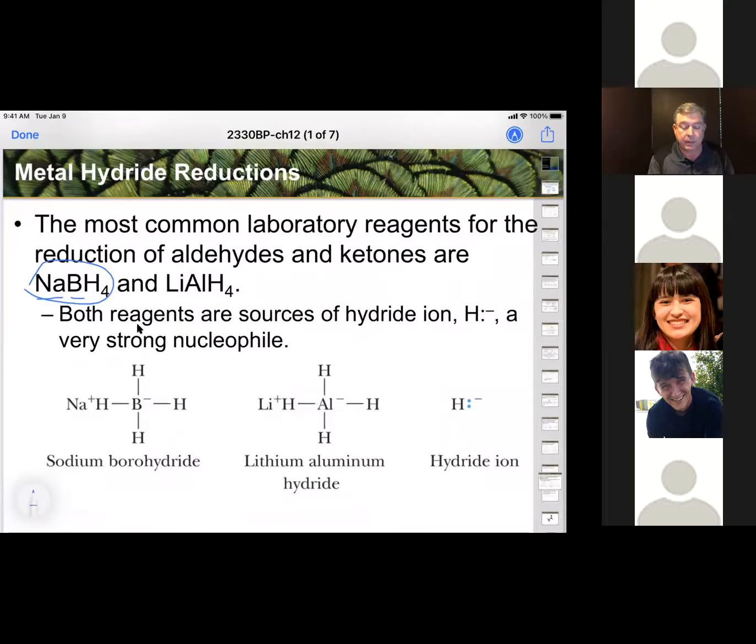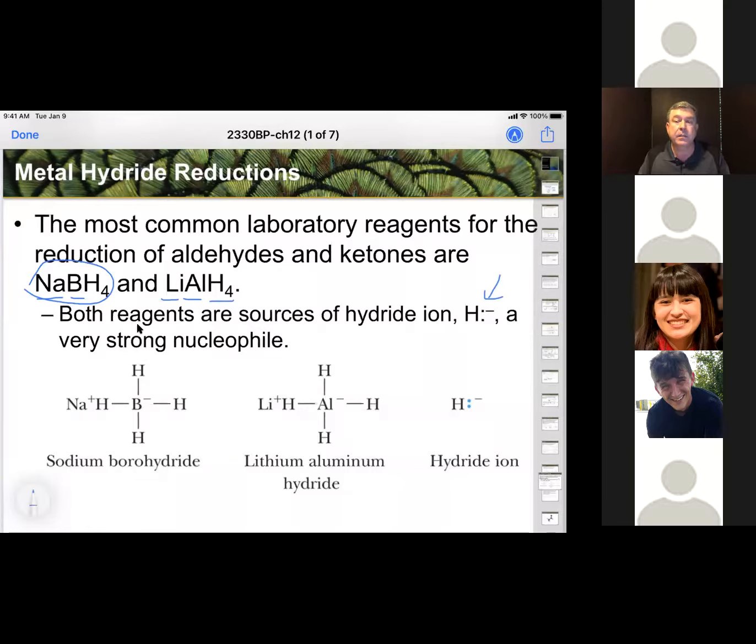Then we have lithium aluminum hydride, okay? So I said the word hydride, okay? Hydride is a hydrogen with a negative charge, okay? So it actually has both electrons in its s orbital. It's completely filled that s orbital, and it's a very strong nucleophile because it's got that negative charge on it, okay? So now we have a negative charge on hydrogen.